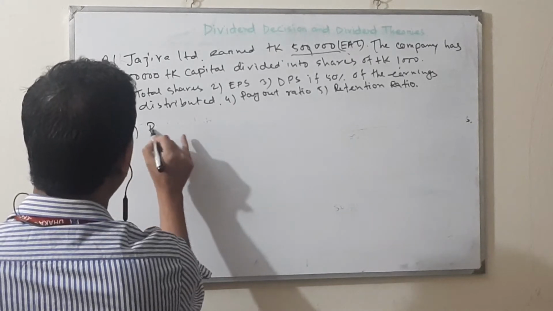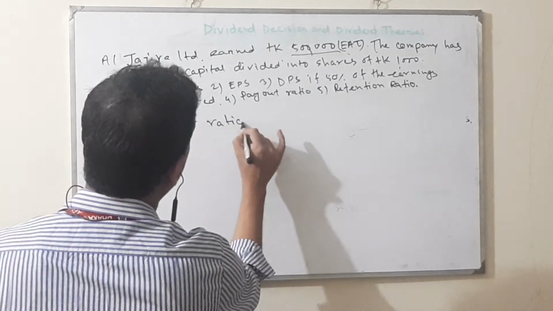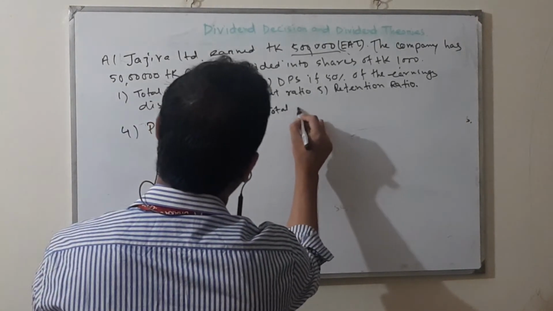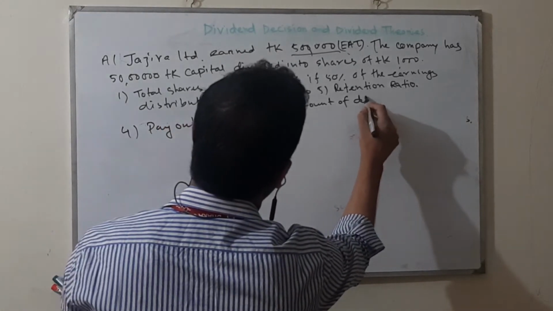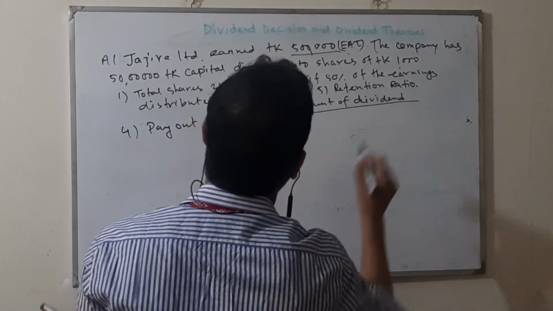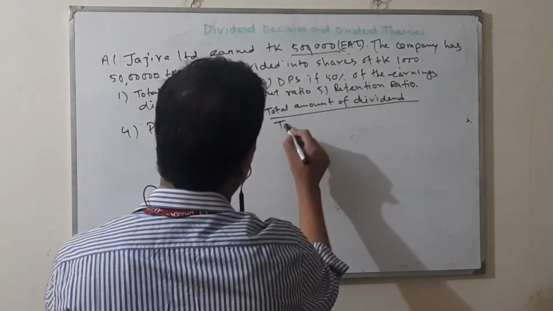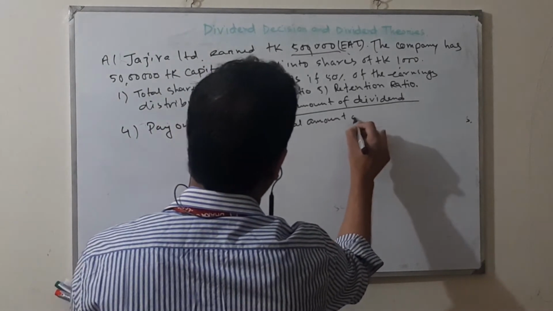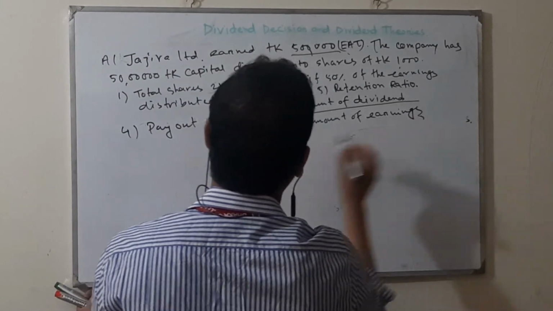Payout ratio is the total amount of dividend divided by the total amount of earnings.